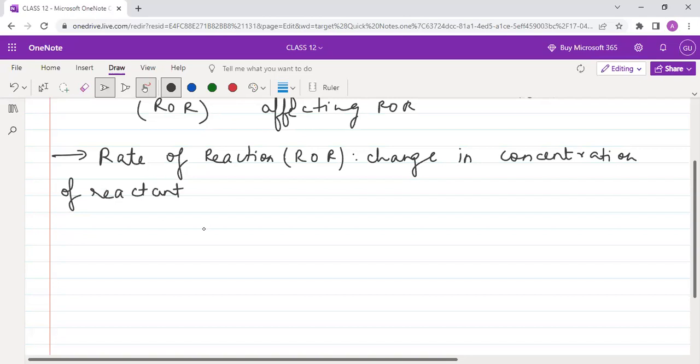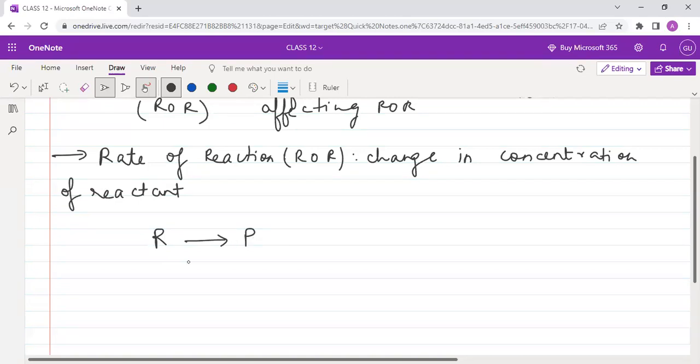What happens in a chemical reaction is that reactants get transformed into products, right? In the starting, we have taken some amount of reactants, and with time the reactants will go on converting to product. So the amount of reactants will decrease with time and the amount of products will increase with time.